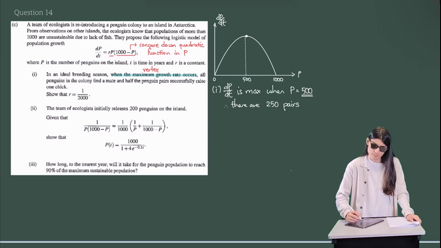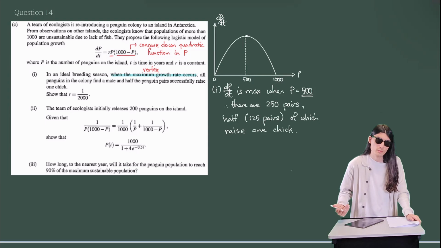So out of the 250 pairs, half, in other words 125 pairs, of which raise one chick.